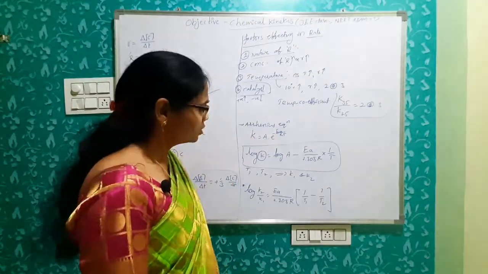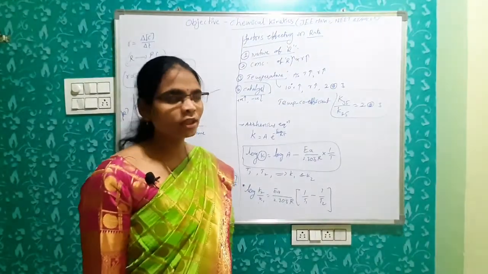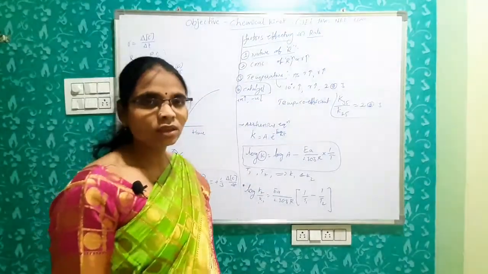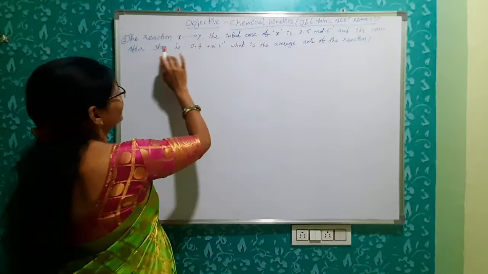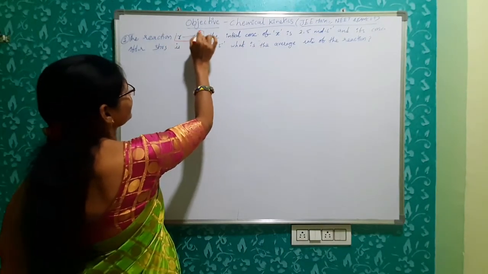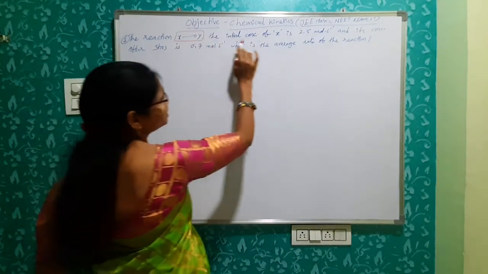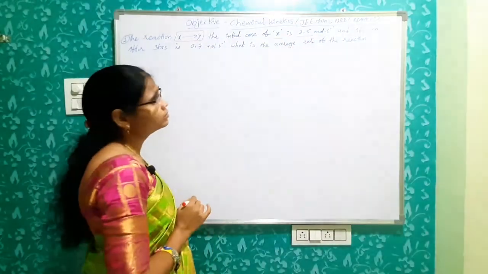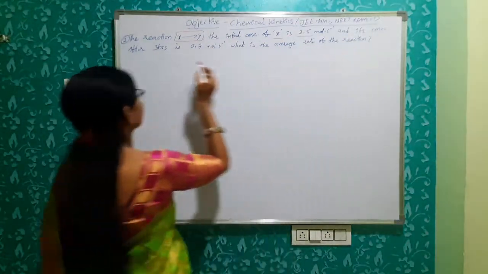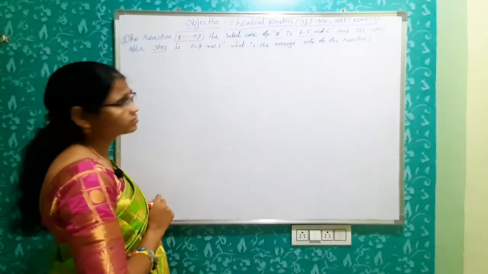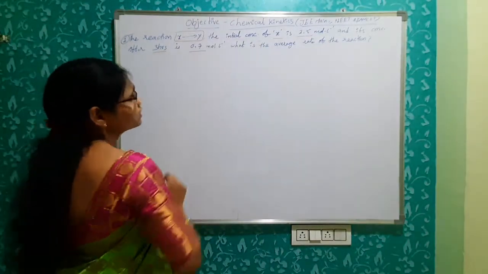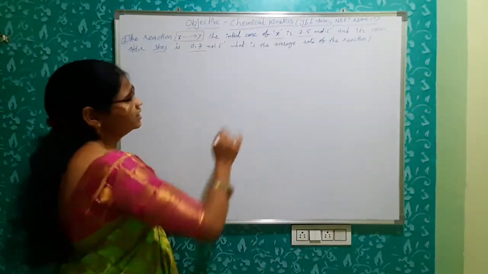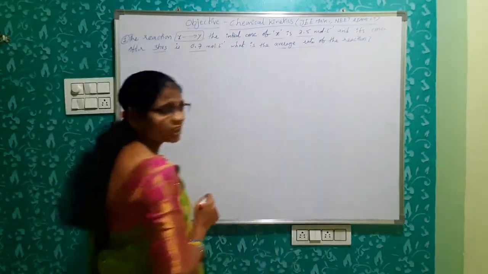Let's do some objective bits on these formulas. First problem: the reaction X gives rise to Y. The initial concentration of X is 2.5 moles per liter and its concentration after 3 hours is 0.7 moles per liter. What is the average rate of the reaction?